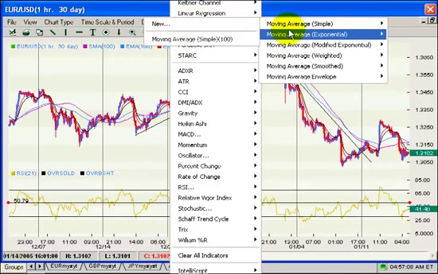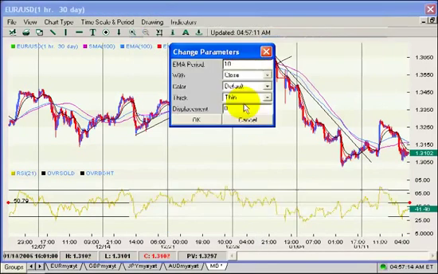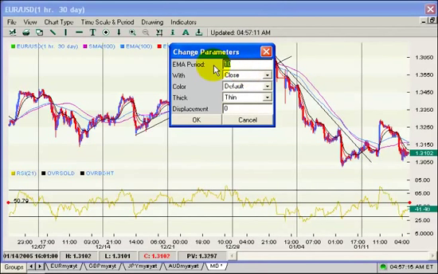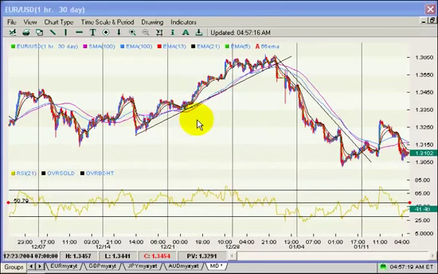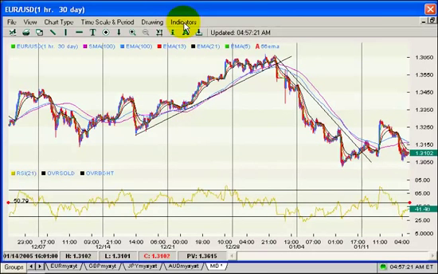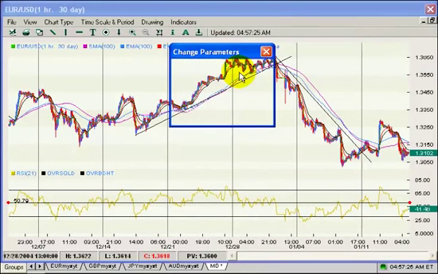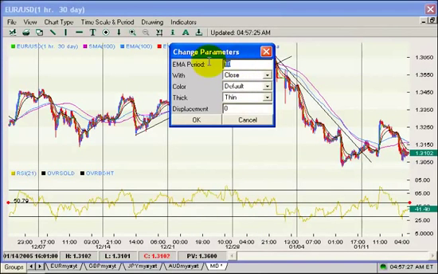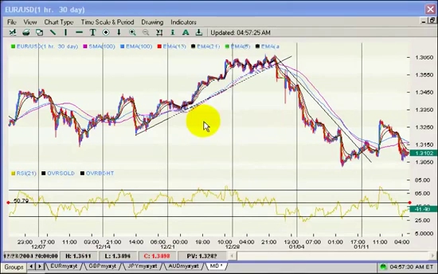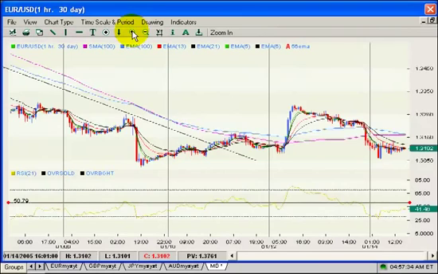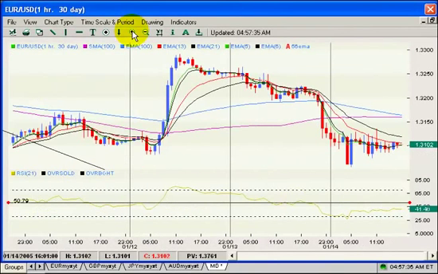The next one is a 5 period exponential moving average and a 6 period exponential moving average. I will enlarge the chart so that it is more visible.